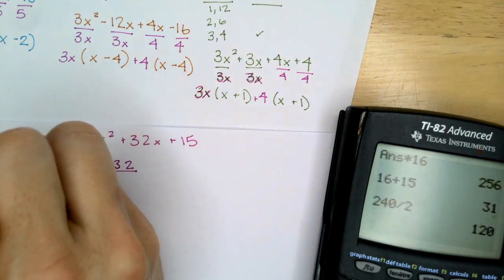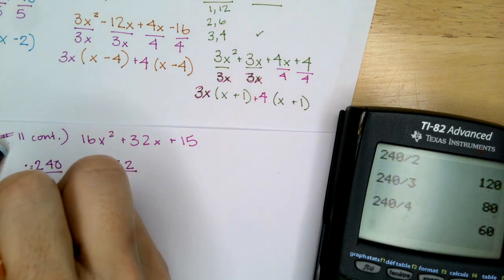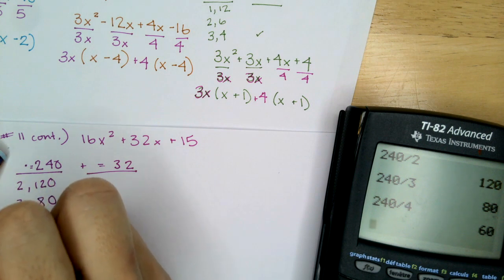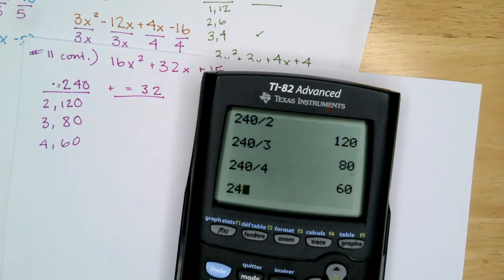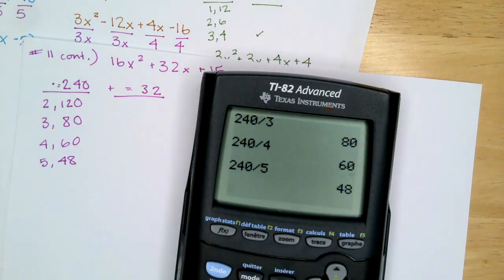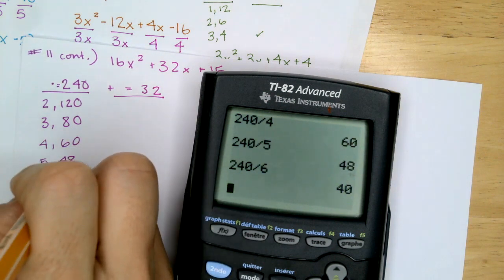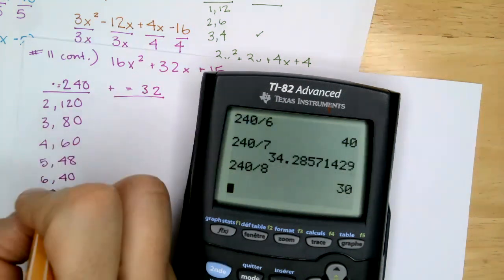240 divided by 2 is 120. So it's 2 and 120. It's not going to be that one. 240 divided by 3 is 80. 240 divided by 4 is 60. 240 divided by 5 is 48. 6 is 40. 8 and 30.